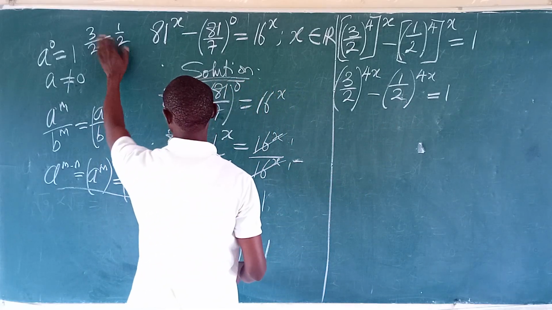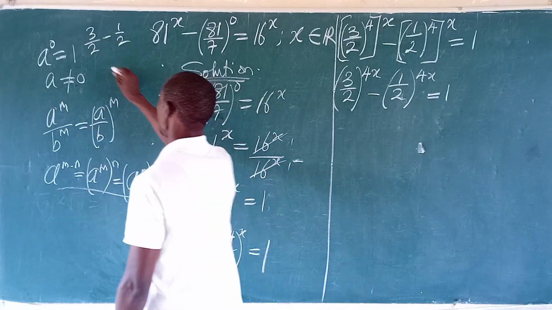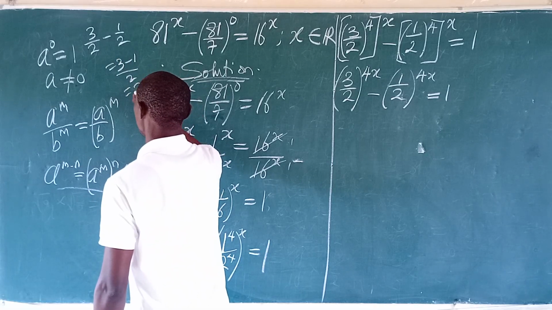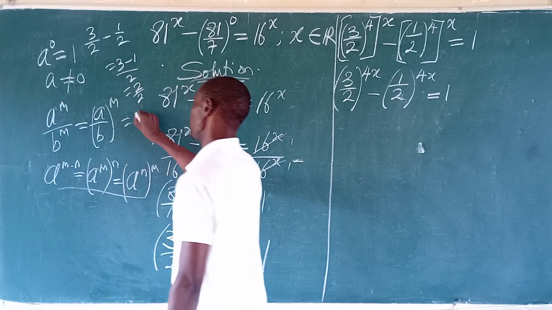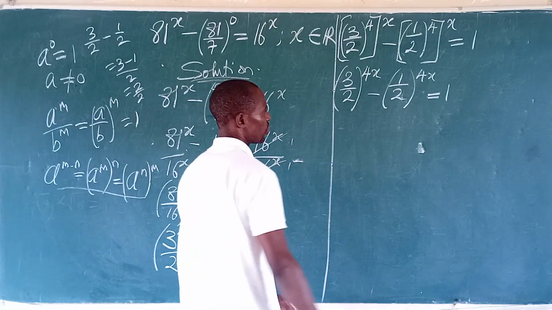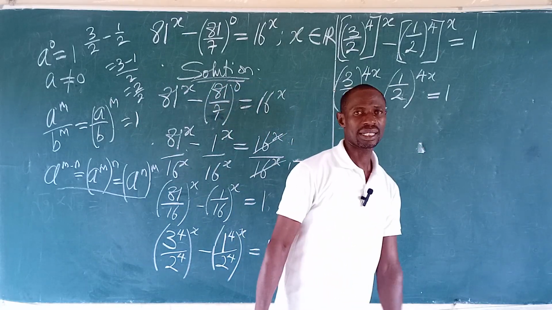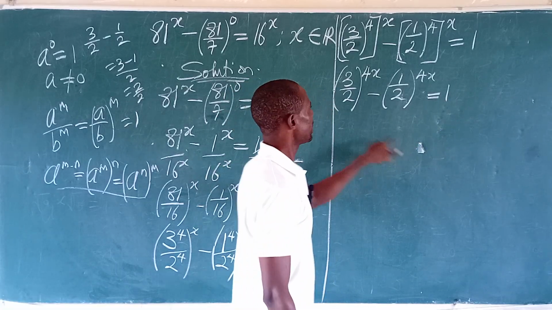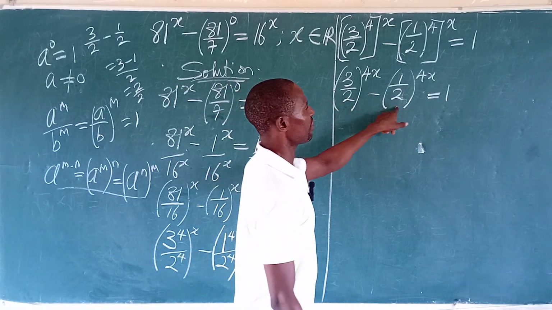If we subtract this from this, we're going to end up having 3 minus 1 all over 2, which is 2 all over 2, and it will give us 1. And look, the quantity we have on the right-hand side is just 1. So we just have to rewrite 1 in terms of the quantity we have here and here.